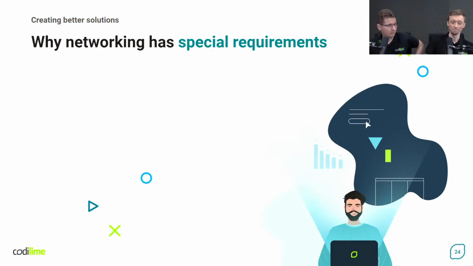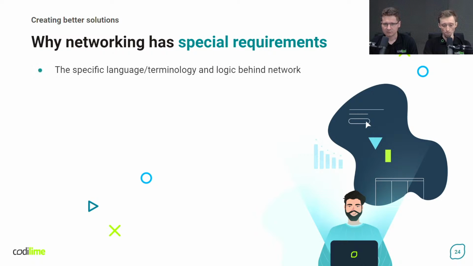Yeah, so hopefully this presentation managed to showcase that indeed designing good UX for networking applications does require some special considerations. So to reiterate some of the points already mentioned, there is specialized terminology and a particular set of protocols, knowledge and logic at work in computer networks.